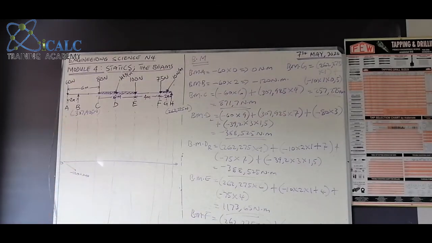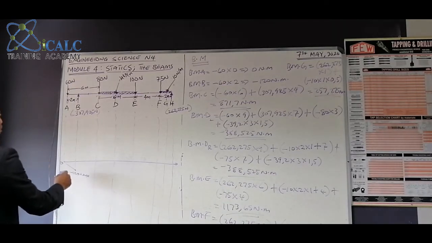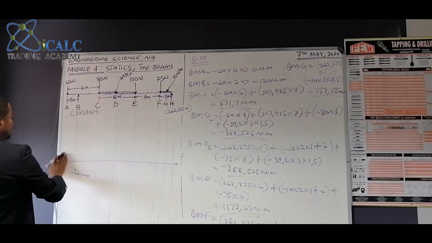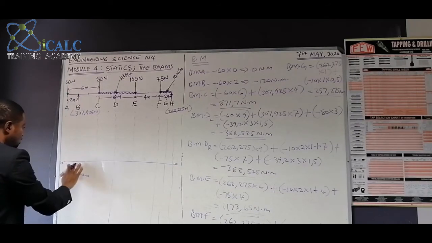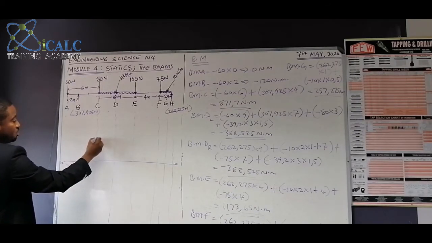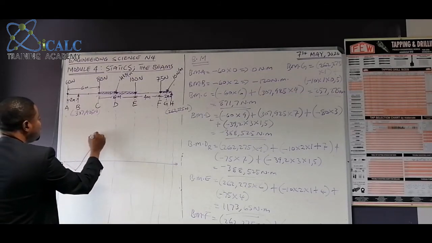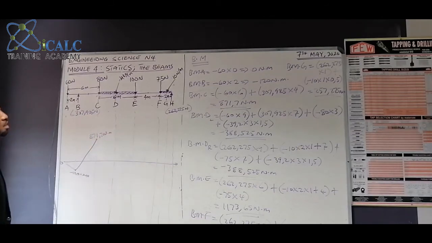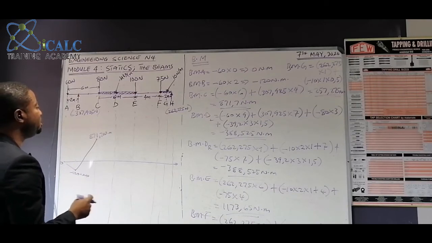Okay, BMC is 871.7. That is positive. So we have to go up. This is C. All right. So we say 871.7 Newton meter. All right. BMD is minus 3.88.